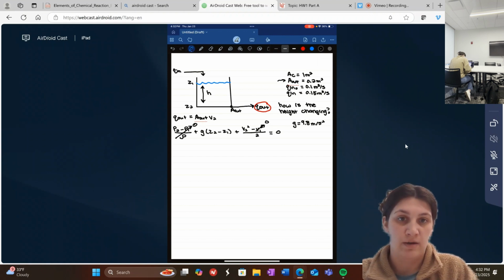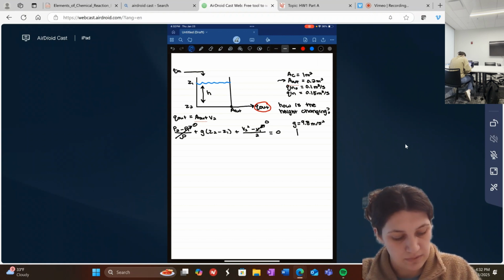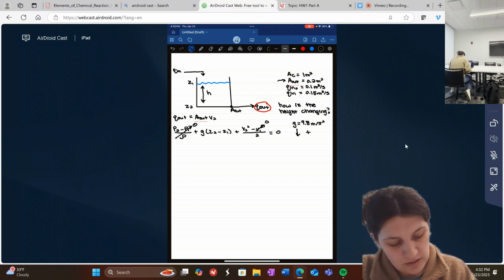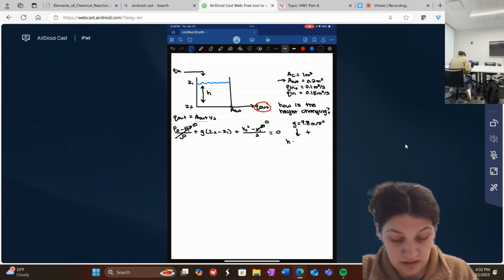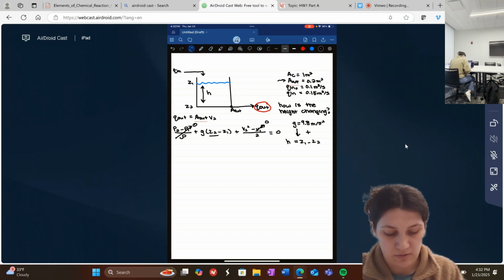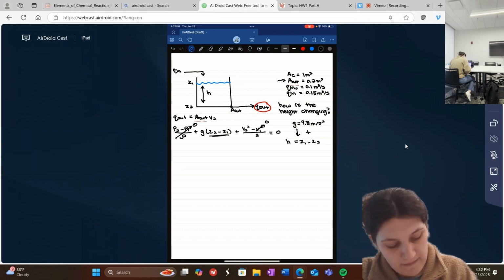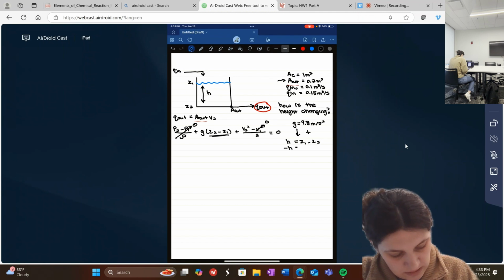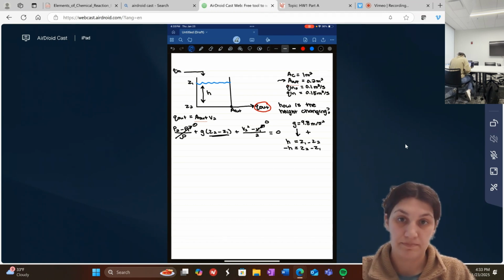Since we're making this a positive value, this implies that the downward direction is positive. We're also implying that H is positive, which in this case is Z1 minus Z2. And as you'll notice here, we have Z2 minus Z1. And so we can just say that negative H is equal to Z2 minus Z1 and make a simple substitution.